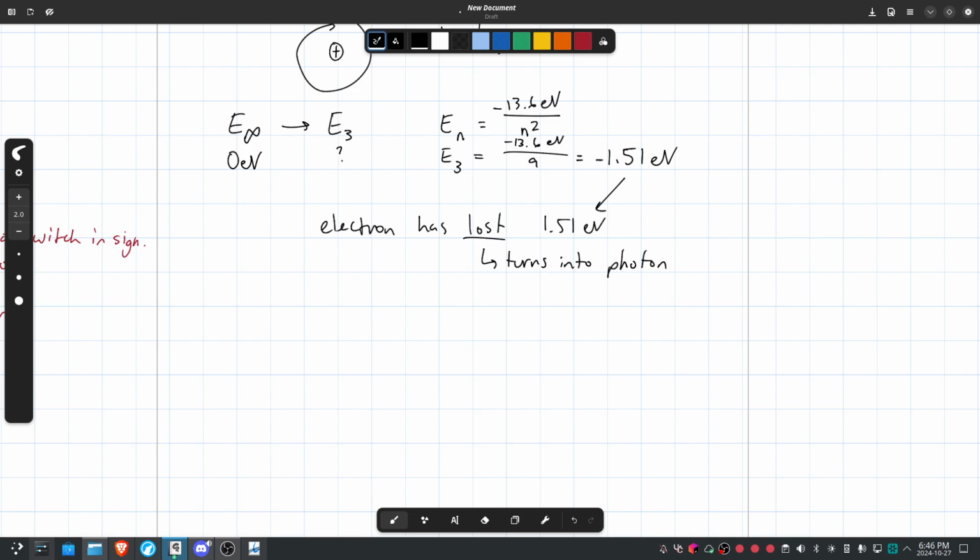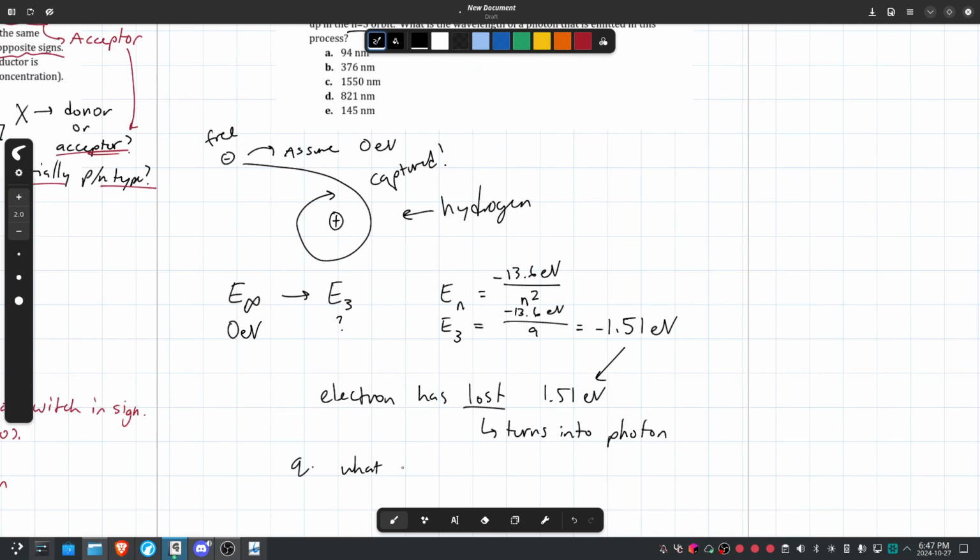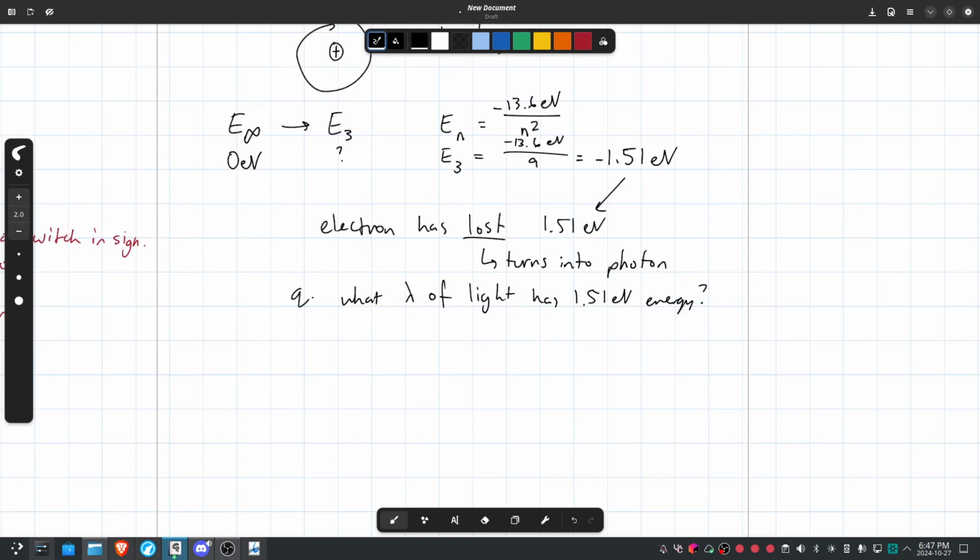If you shine light on it, it can absorb that light and gain energy, or it can lose energy by emitting light. So now the question is, what wavelength of light has 1.51 electron volts of energy? Because that's what it's asking, what is the wavelength emitted by this?